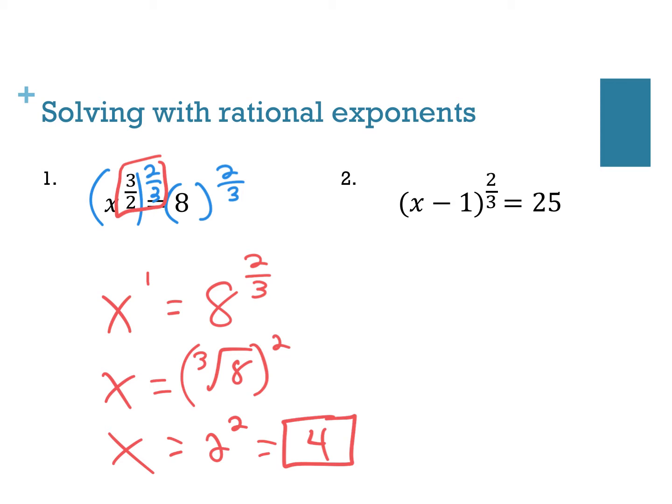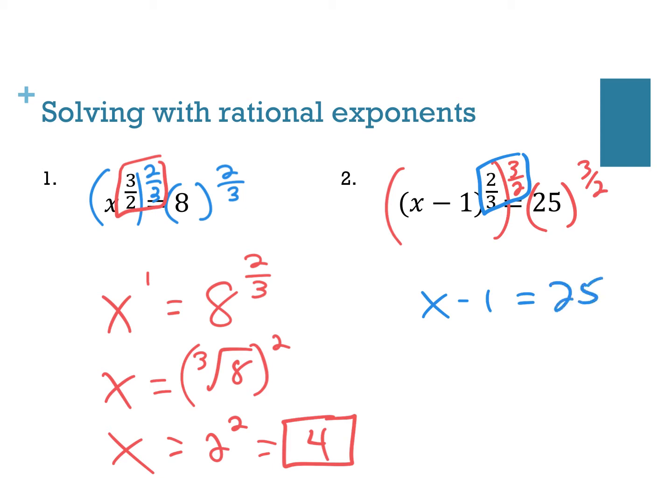In number 2, if I wanted to get rid of that power of 2/3, then I would want to raise both sides to the reciprocal. Again, the reason why I want to raise to the reciprocal is if you multiply a number by its reciprocal, it always becomes 1. So here I get x minus 1 to the first on the left side, but then on the right side you still have that 25 to the 3/2 power.